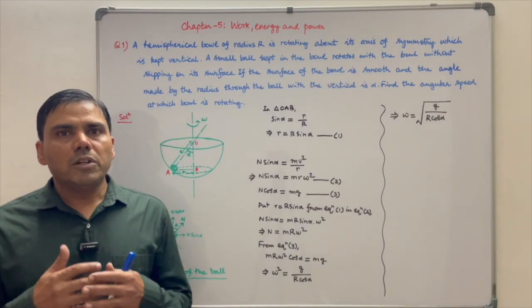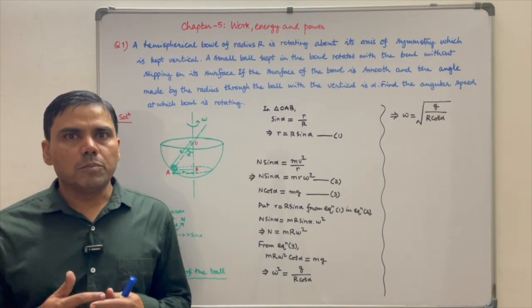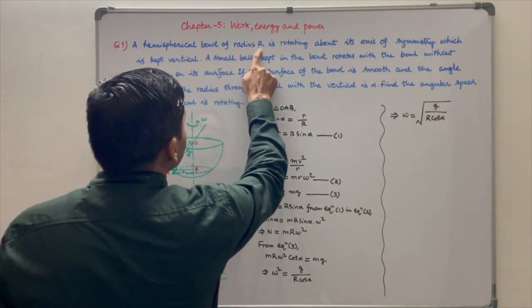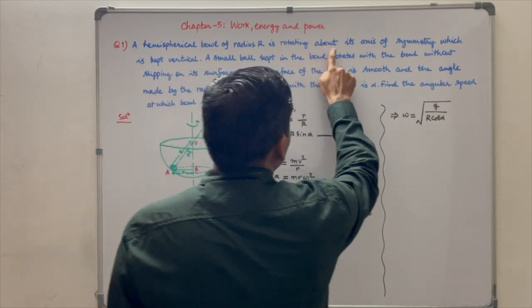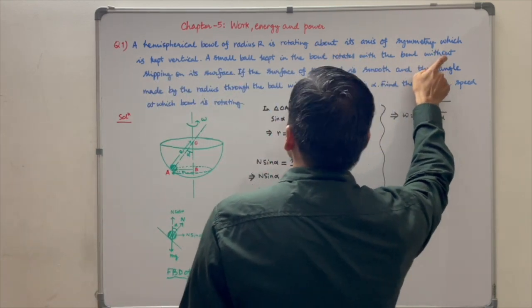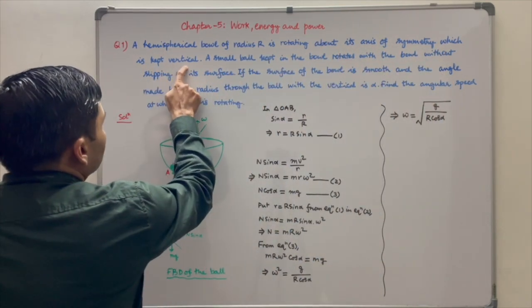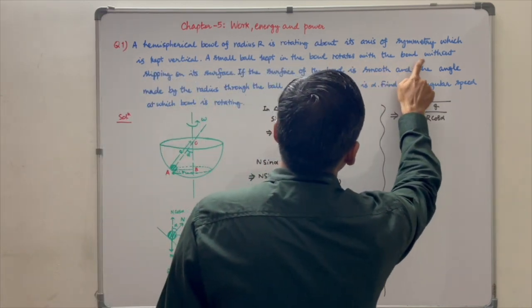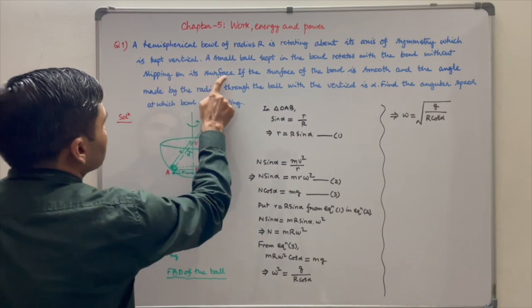Let us solve a couple of questions based on circular motion. First question: a hemispherical bowl of radius r is rotating about its axis of symmetry, which is kept vertical. A small ball kept in the bowl rotates with the bowl without slipping on its surface.